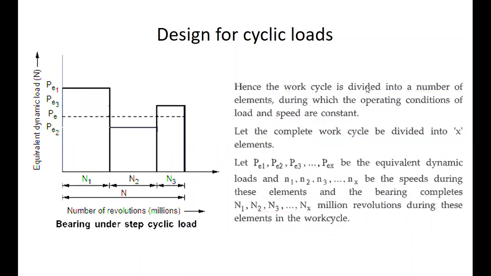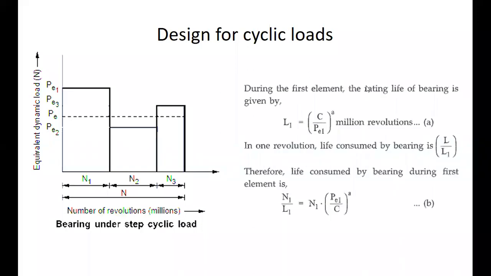So if I talk about the first element, when this load is acting for N1 million revolutions, then during the first element the rating life of the bearing will be given as L1 = (C/PE1)^a, where L is the life in million revolutions, C is the dynamic load capacity, and P is the equivalent load.